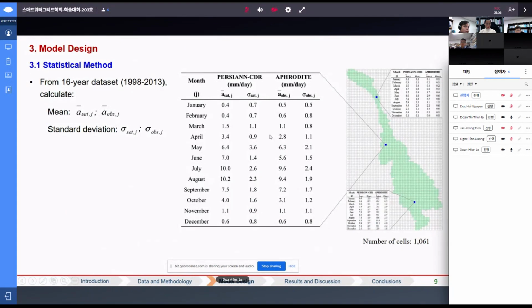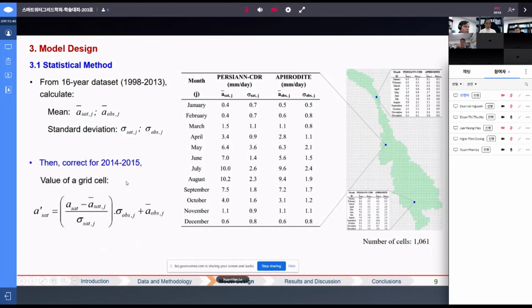This table shows the mean and the standard deviation of the satellite data and the observation data for each month. After having this information, I will use it to correct the data set for 2014 and 2015, and the values of the grid cell are calculated based on the standard deviation equation.